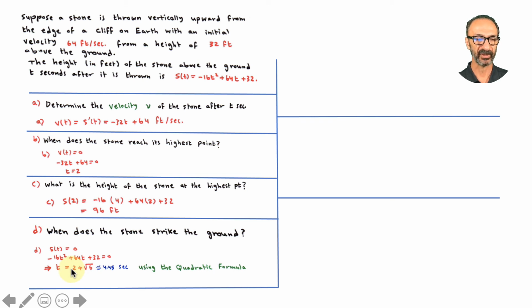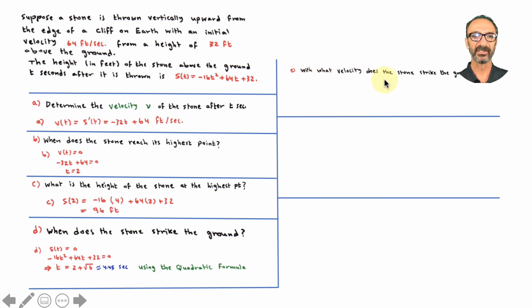We have decimals, we have negatives, we have fractions, so sometimes we have to deal with those. Notice that this one is not 2 plus or minus, because we are referring to time, and we started with t equals 0. If you do the approximation, it's 4.45 seconds. It will hit the ground after this much.